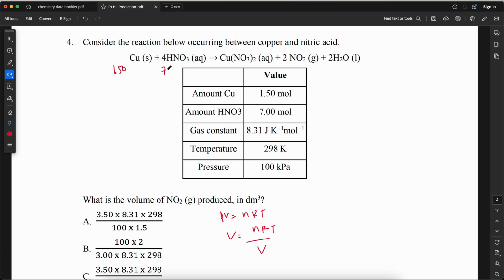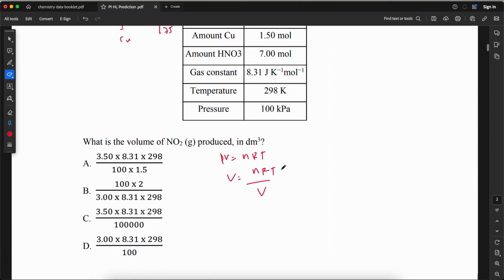So for 1 HNO3, it should be 1.75 mole. Therefore, the limiting reactant is Cu. So now, for the mole of nitrogen dioxide, we will refer to the Cu. So here is 2. Therefore, the mole of nitrogen dioxide is 3 mole.